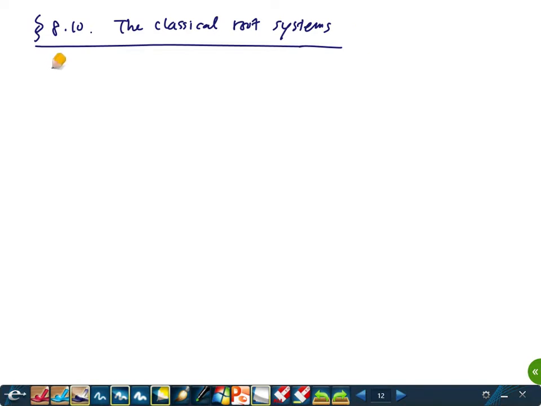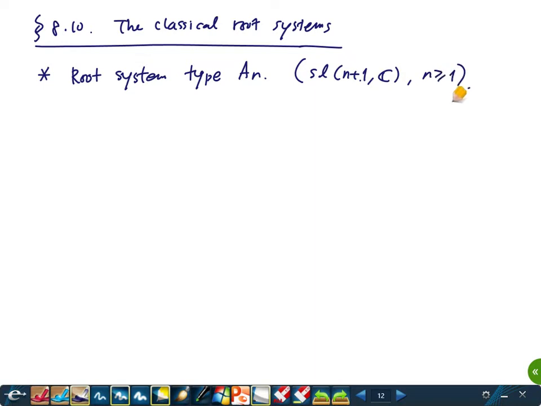And in the general situation, root system of type An. This is in fact the root system associated to this Lie algebra, like that. Here n is greater than or equal to 1.